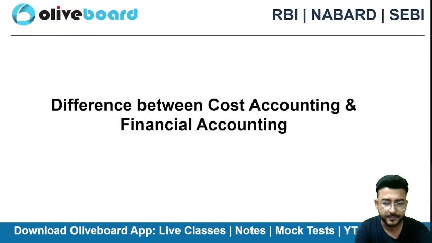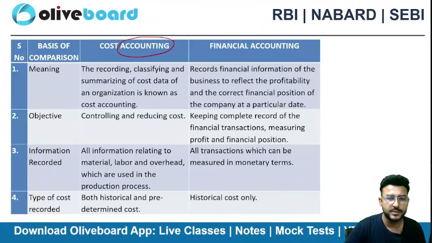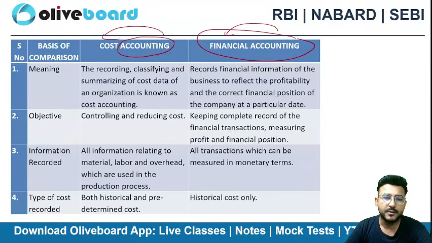Specific rules are there. And when we try to differentiate cost accounting from financial accounting, both are historical only. Here we are doing the accounting of cost, and here we are doing the accounting of financial transactions. In cost accounting we are cost specific, whereas in financial accounting we are concerned about profitability, determining the correct financial position.